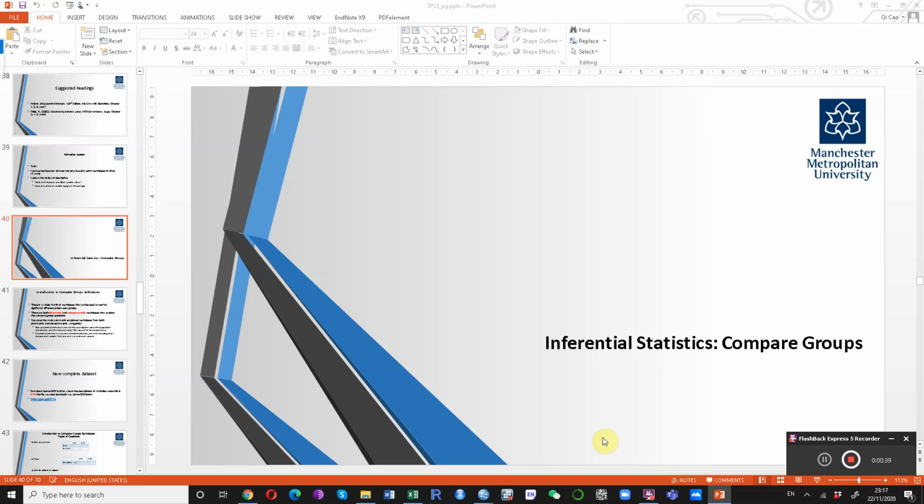So basically what I'm saying here is you could estimate a difference, you could estimate a causality with inferential statistics.